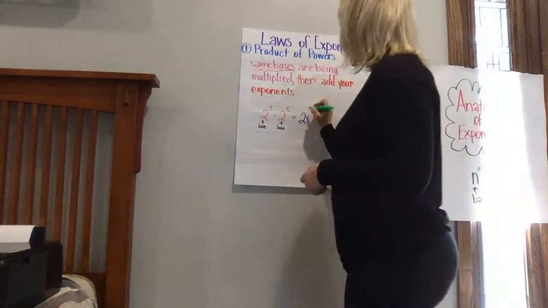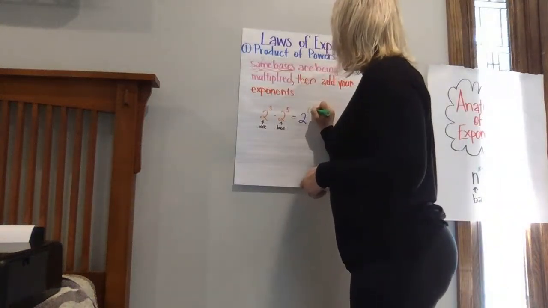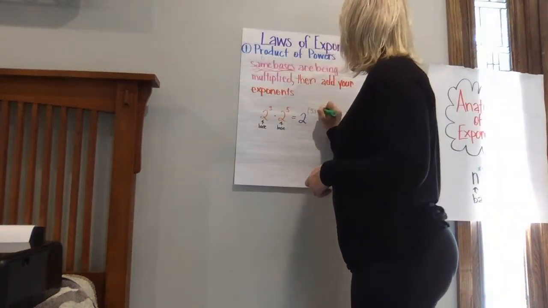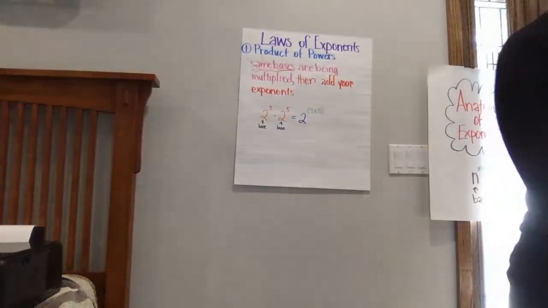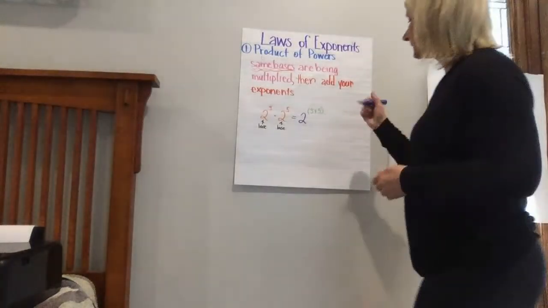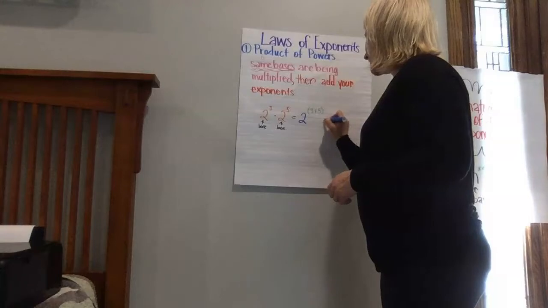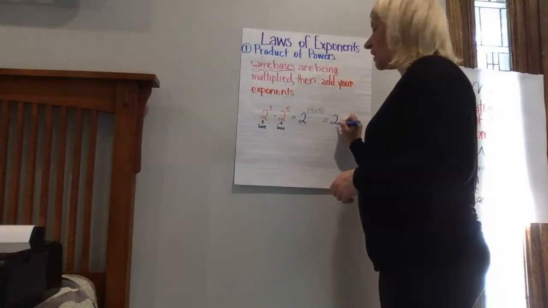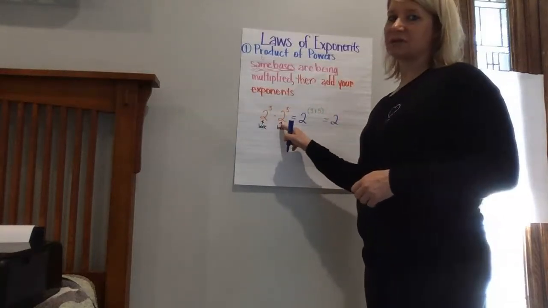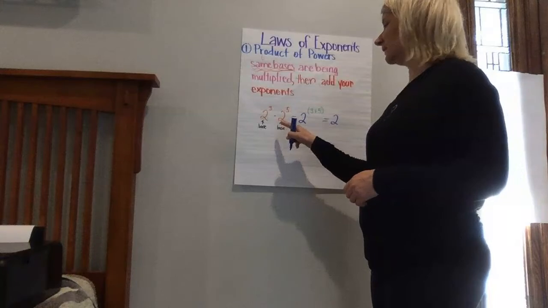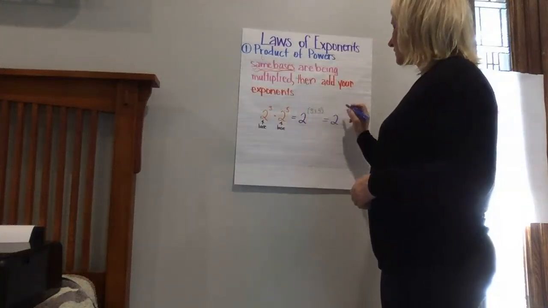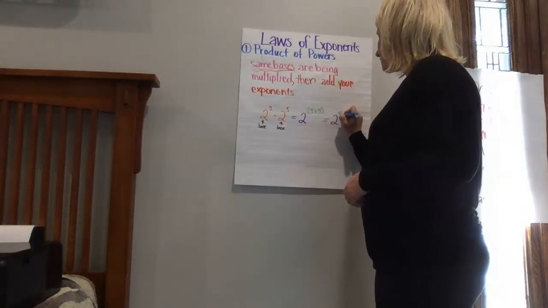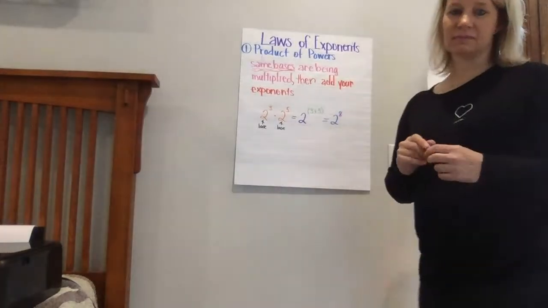My exponents now are 3 plus 5. To complete the simplification, again, my base is 2. That stays the same. I'm not multiplying. Do not multiply 2 times 2. That's not what we're doing here. So my base stays the same. I'm adding my exponents. So it's 2 to the 8th power.